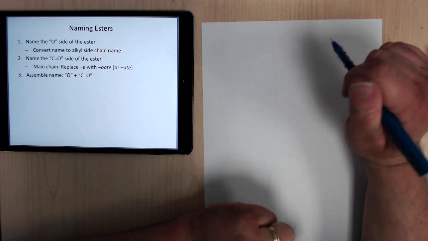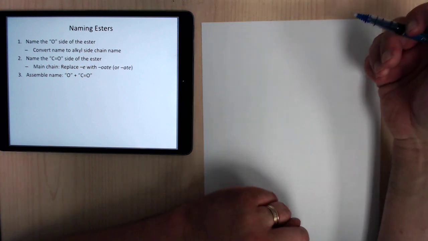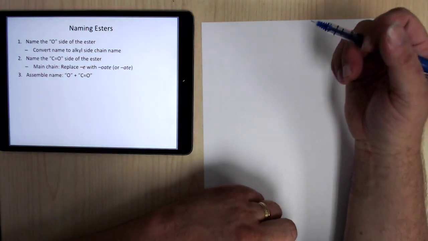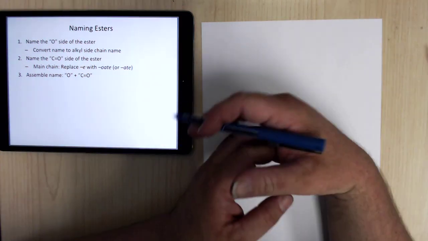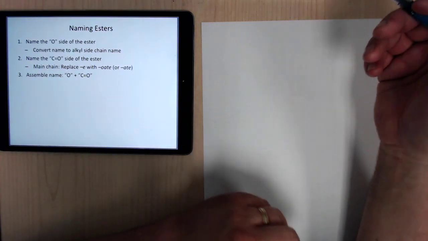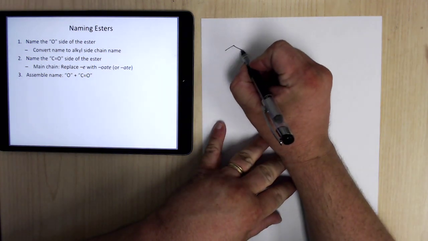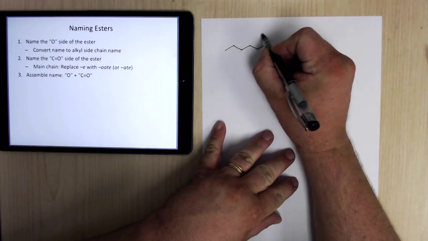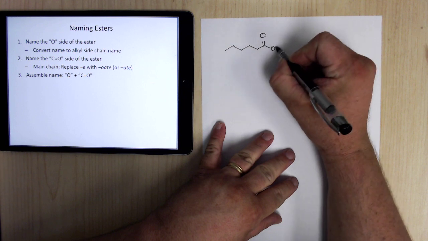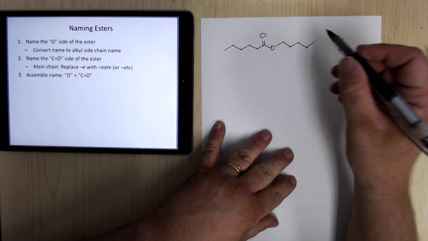But the way that they named it is they would name it with the alcohol and the carboxylic acid, you put the name in front. So if you had, say, this ester here, let's do it like that.